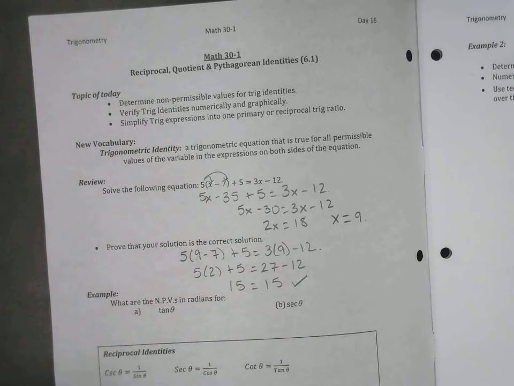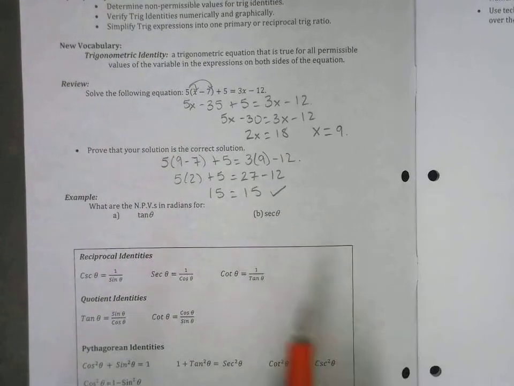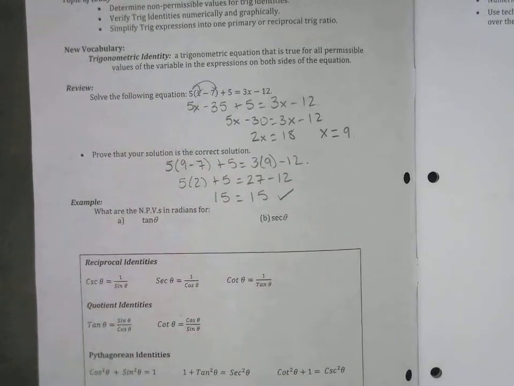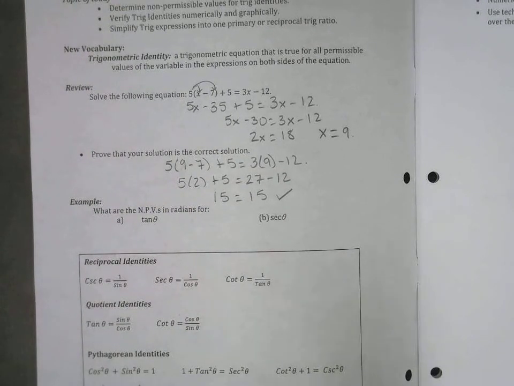When we consider identities, we always have to consider non-permissible values. For what values is the identity not valid or not true? A trigonometric identity is an equation that is true only for the permissible values, not the non-permissible values.